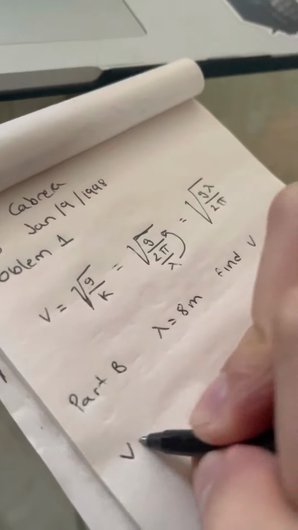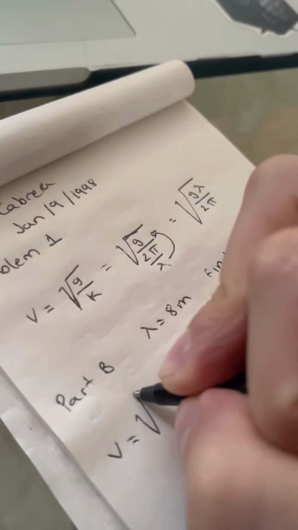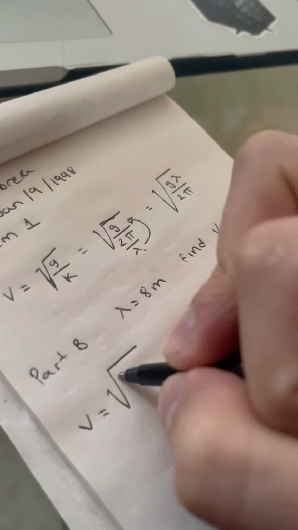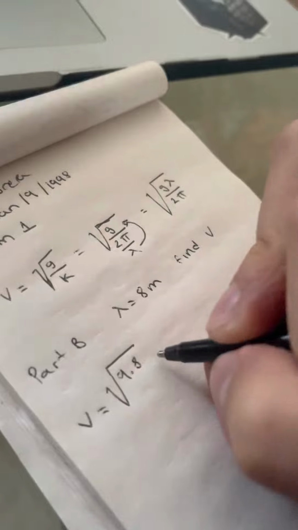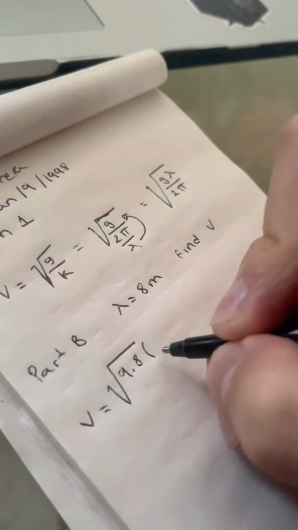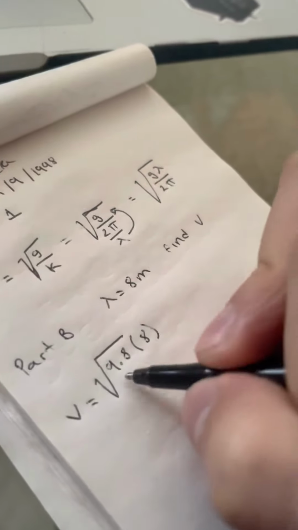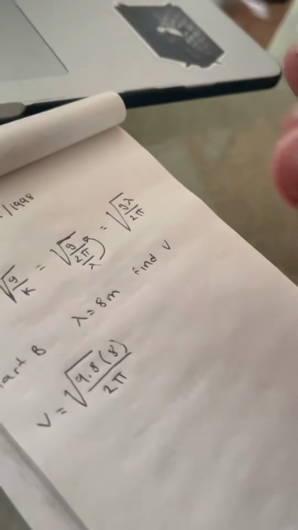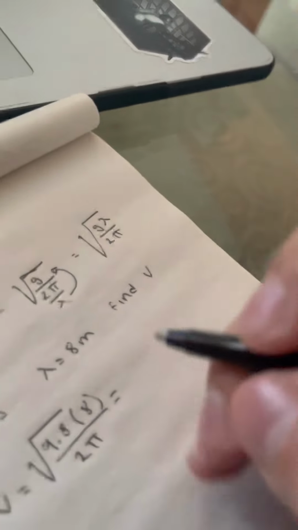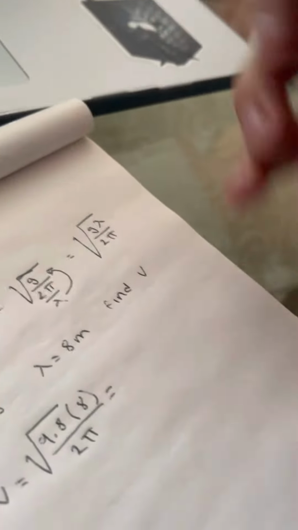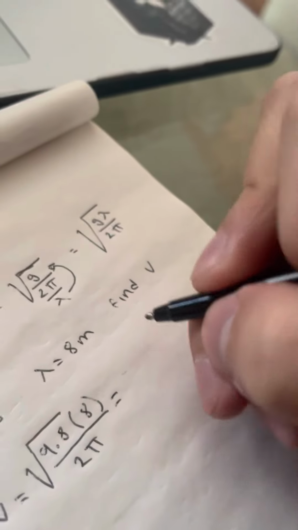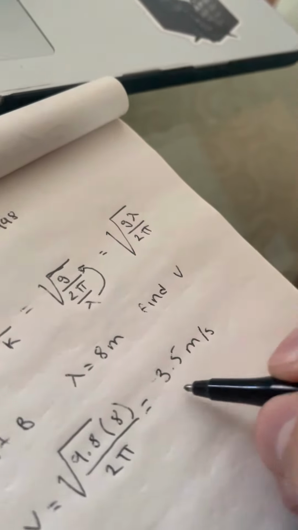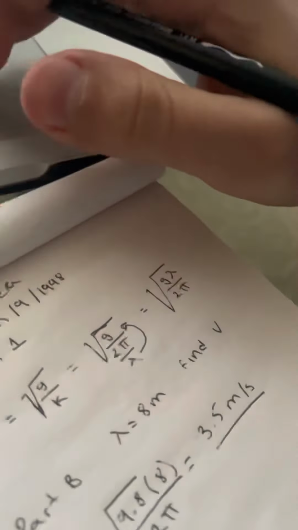So v equals the square root of 9.8, which is gravity, times 8 meters over 2 pi. You will input that into the calculator and you will get an answer of 3.5 meters per second. And that is the answer for part B.